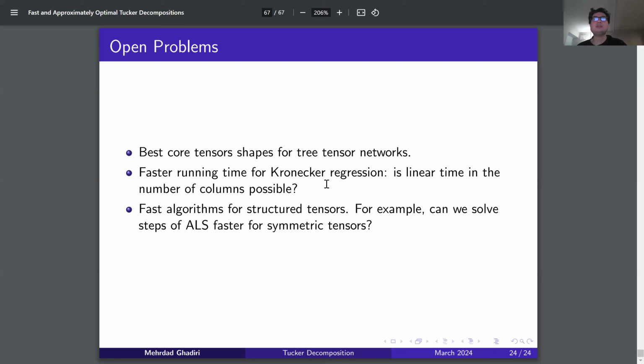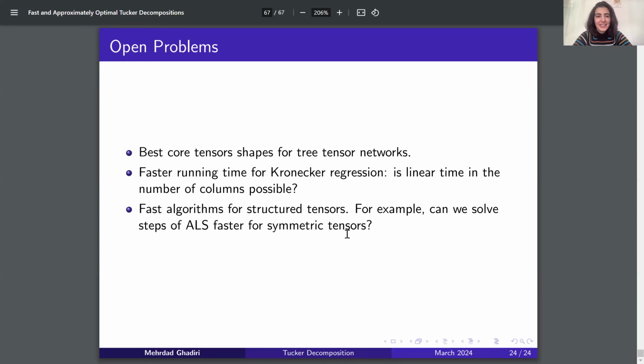I still don't know how to do it, but I don't have any reason to believe that this is not possible in linear time, linear in R. And the last thing is whether we can get faster algorithms, whether some structure in tensors could help to do a faster alternating least squares. For example, if your tensor is symmetric, can I do this alternating least squares faster or not? Again, I don't know the answer. And that's all. And I think I'm over time.